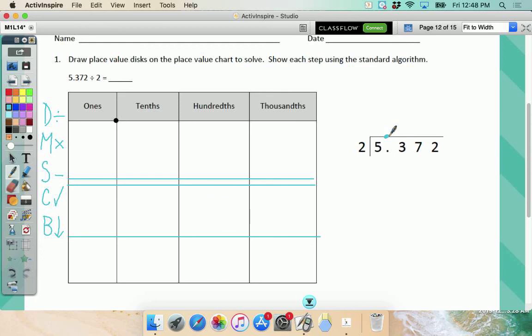What multiples do I need to write? 2. And then I've got to get my dots on the place value chart.